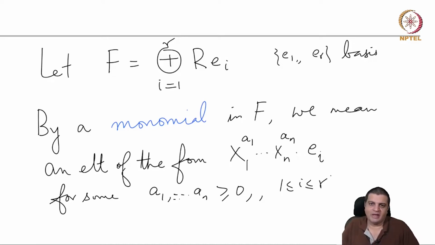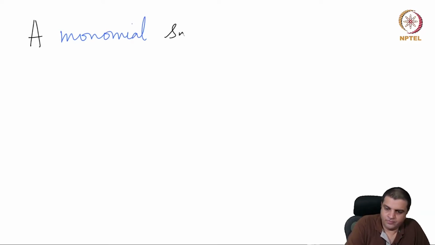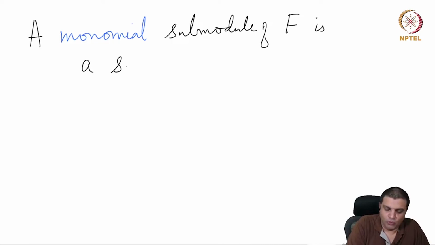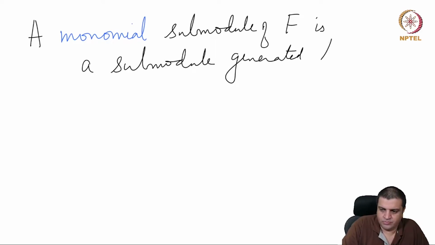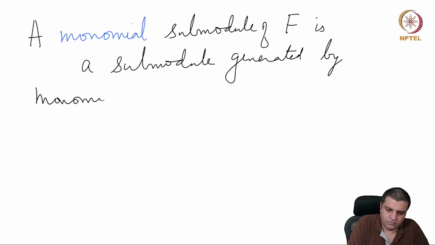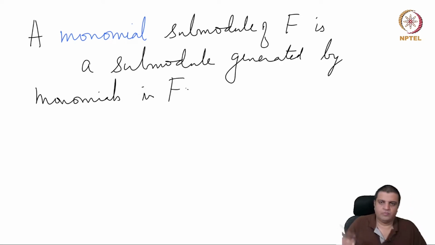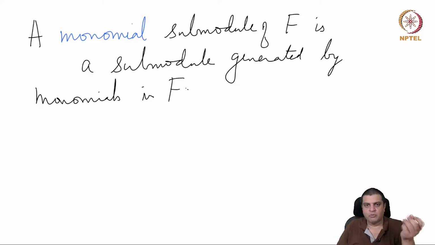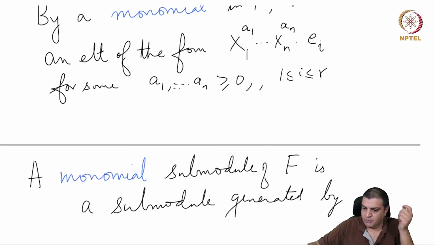So it's exactly like a monomial in S, in the polynomial ring R. A monomial submodule of F is a submodule generated by monomials of F. Now, if we have a monomial submodule, then generators would be of this kind.